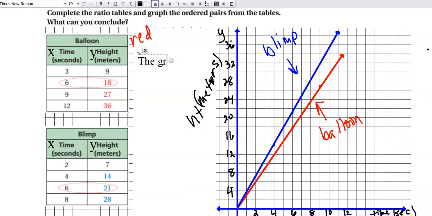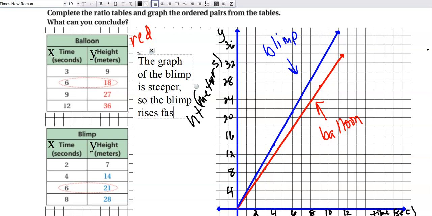So I'll say the graph of the blimp is steeper. So the blimp rises faster than the balloon. If I had put time on the y-axis, it would have been a little bit different and harder to come up with a conclusion. But because I put height on the y-axis, the steeper the line, that means it's rising faster per second.